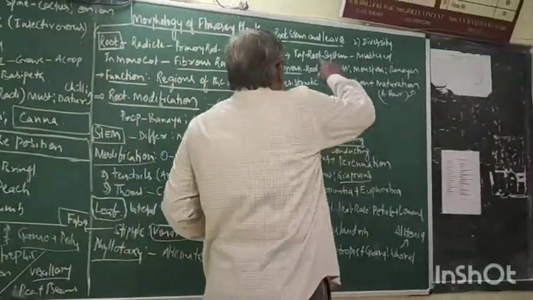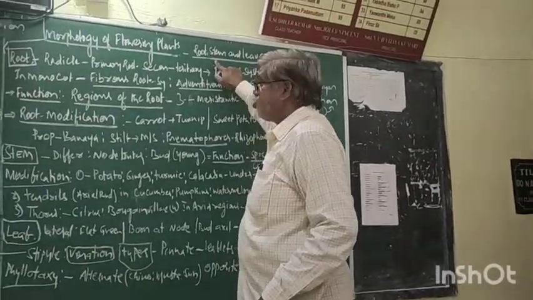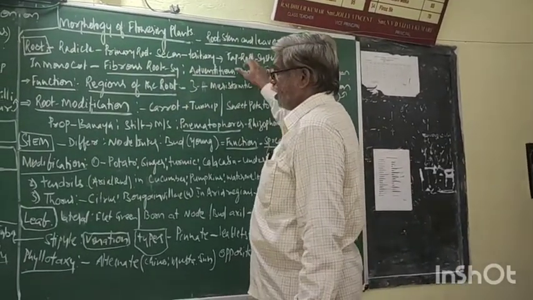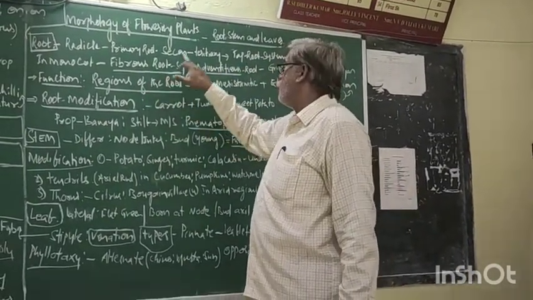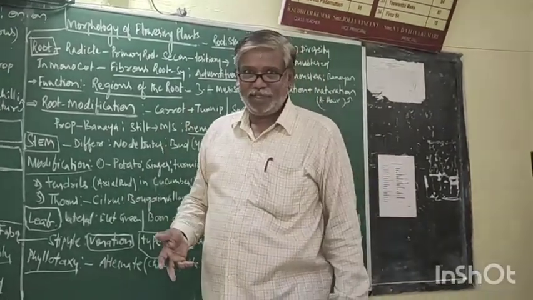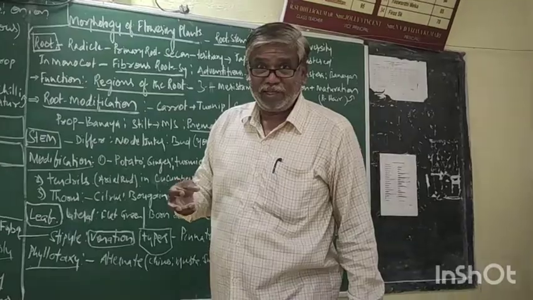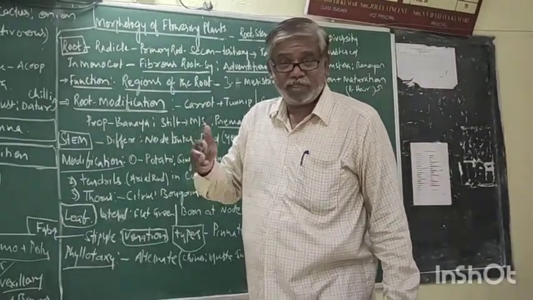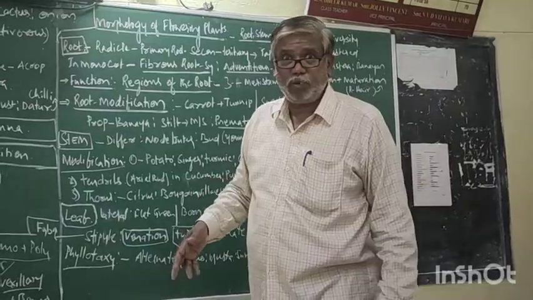In angiosperms, the root system is of two types: taproot system and fibrous root system. In the taproot system, the seed contains an embryonic axis, which contains the radicle and plumule.